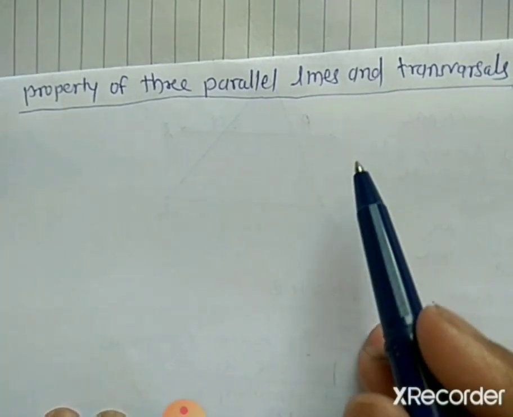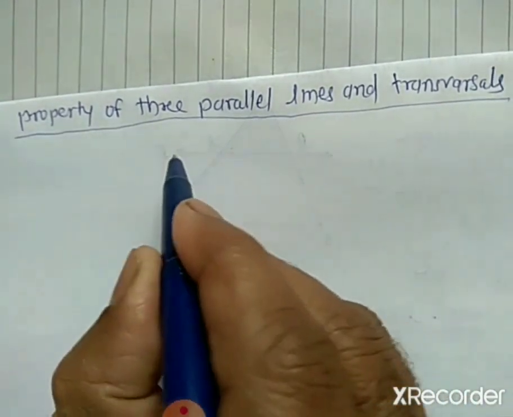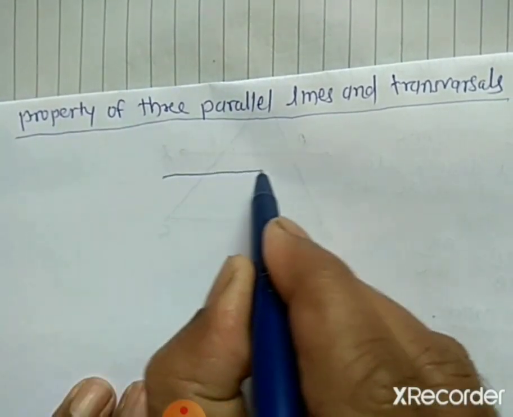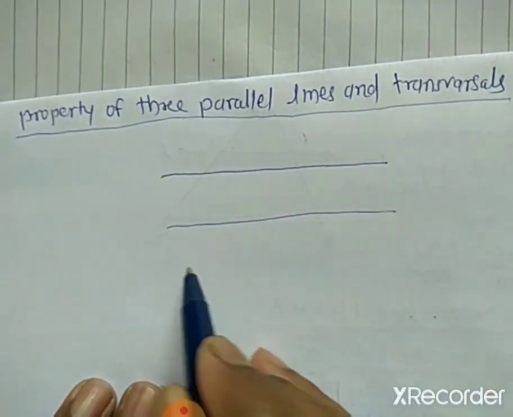This property you have studied already in 8th standard, but in 10th standard we have this property again. Let there be three parallel lines, we have to see only the property of three parallel lines.